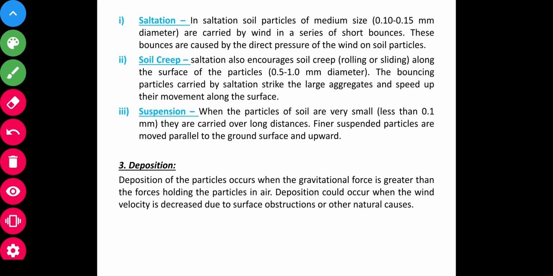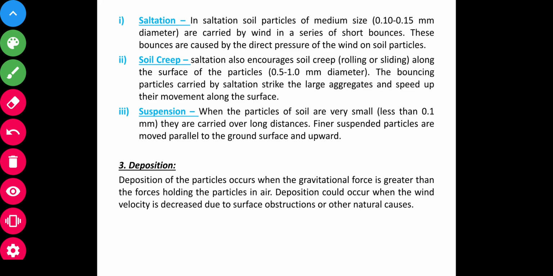The last means of transportation is the suspension. In the suspension phase the soil particle is completely in a suspended state in the air, and in that state the particle gets moved from one place to another place, and such a transportation is termed as suspension.